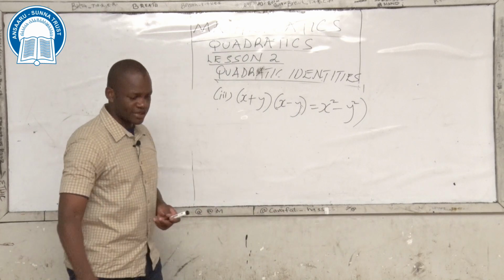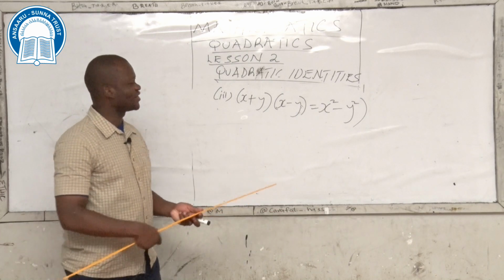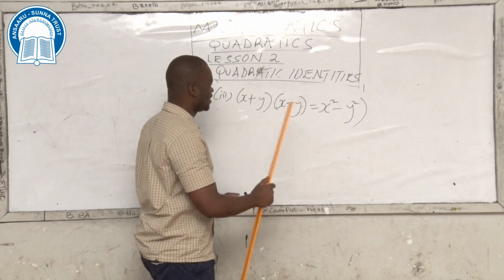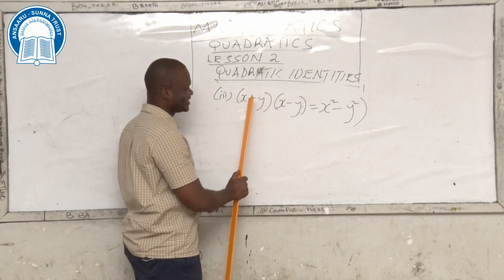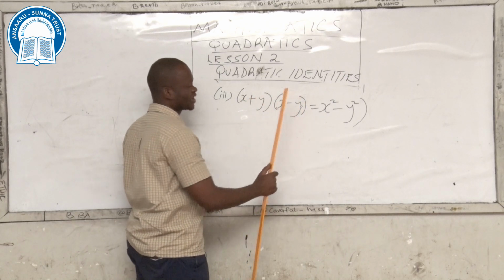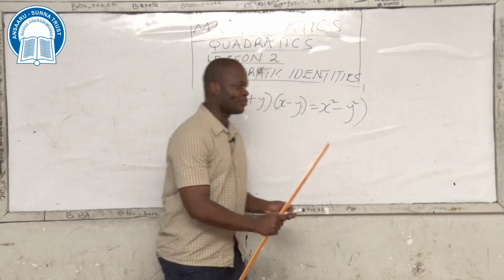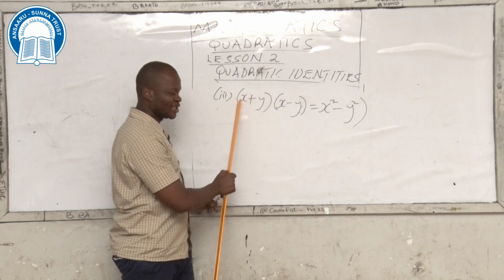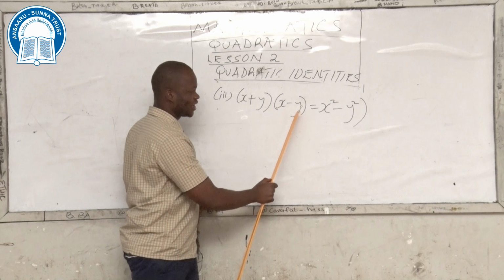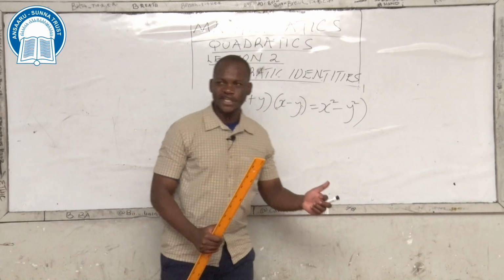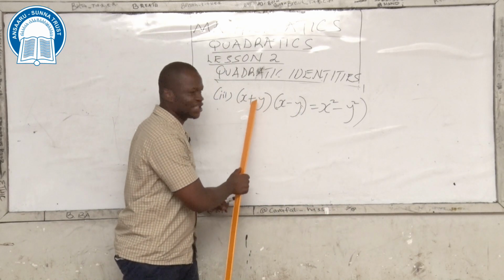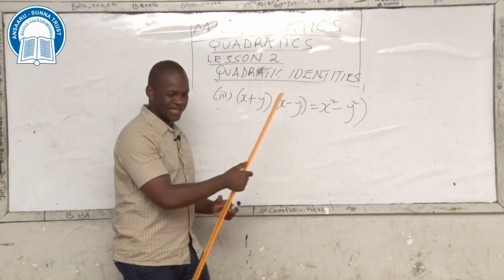So how are you able to recall this quadratic identity? If you're very keen, the elements in this bracket and that bracket are the same. We have x, we have x, we have y, we have y. The only difference is that we have a plus here and we have a minus here.